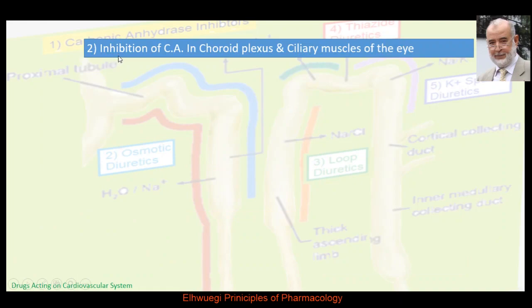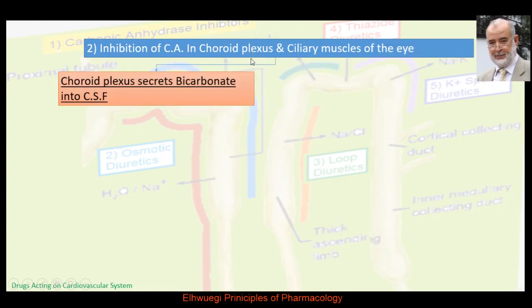Second, we'll see the effect of inhibition of carbonic anhydrase in the choroid plexus and the ciliary muscles of the eye. The choroid plexus, as we know, is responsible for the production of cerebrospinal fluid. Carbonic anhydrase is responsible for the secretion of bicarbonate into the cerebrospinal fluid.